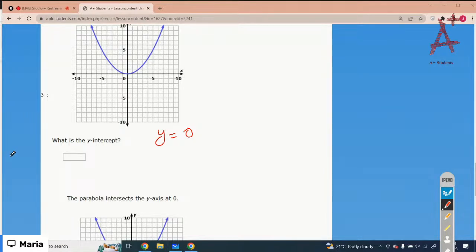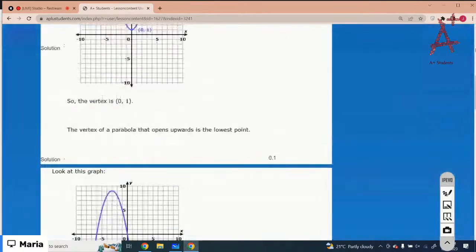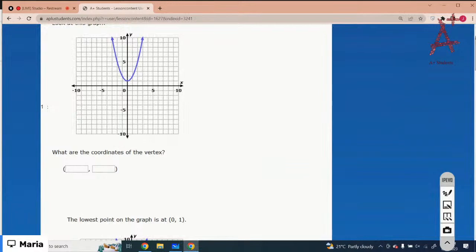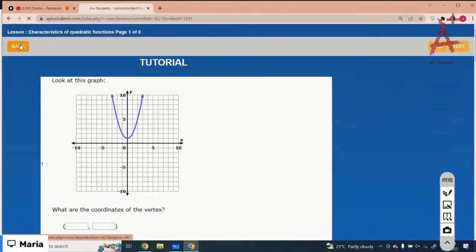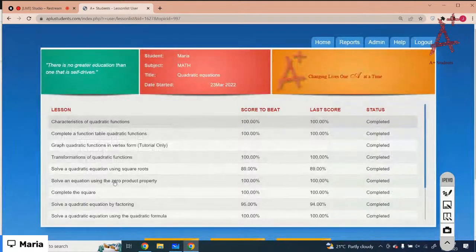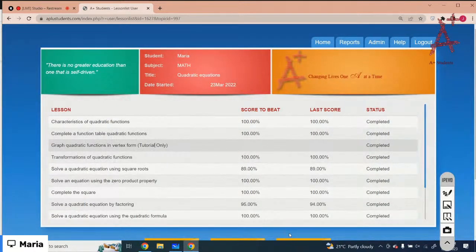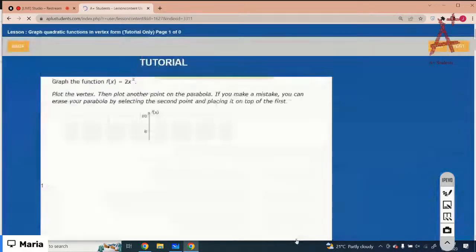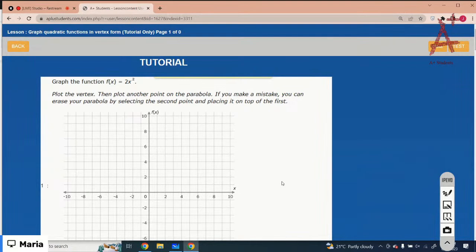Okay, let's see what the vertex form of the parabola is.